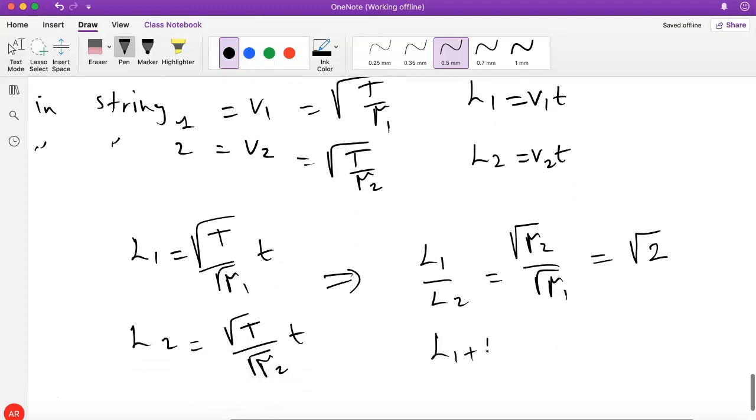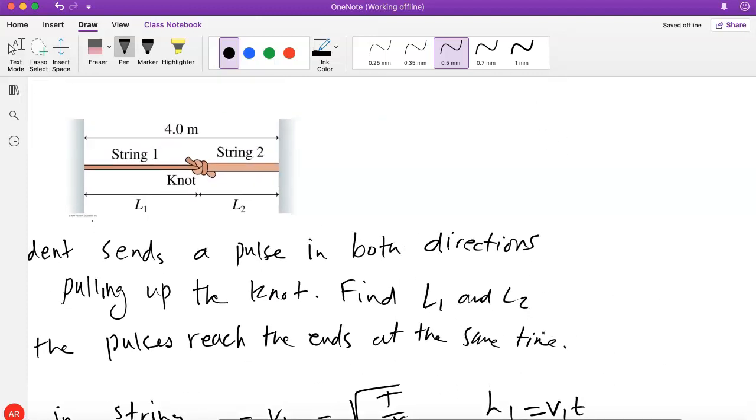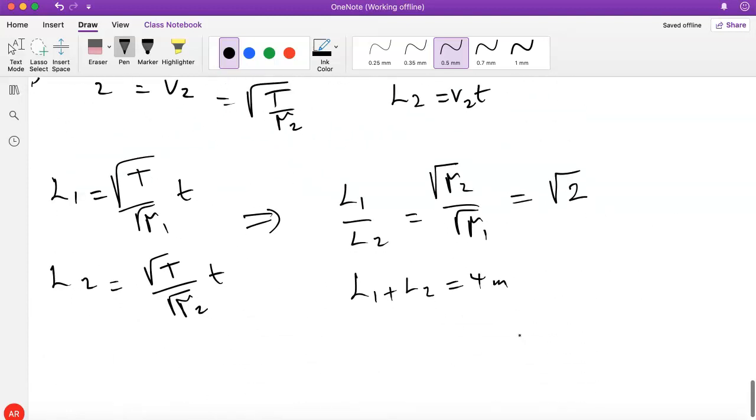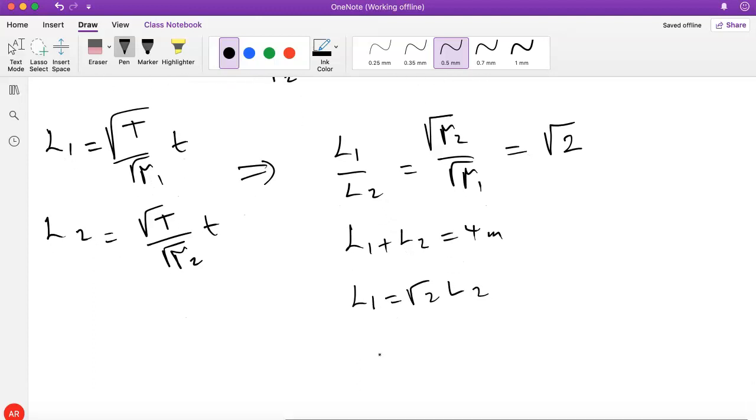And then we have L1 plus L2 is 4 meters, right? That's just looking at the geometry. The total length is given to us, so that's L1 plus L2. And then we can solve for this. The first equation gives us L1 is square root 2 times L2. So if I plug it in, I find square root 2 times L2 plus L2 is 4 meters.